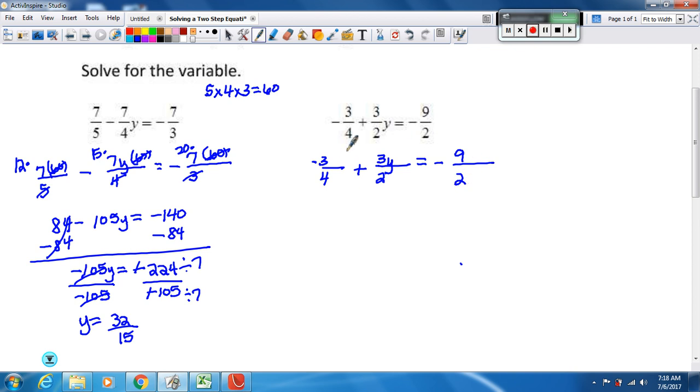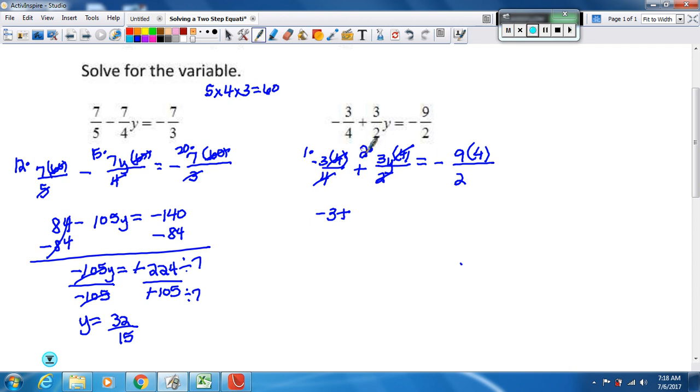And the 4, the least common multiple, I put that on the top of each fraction or each term, and then I divide. 4 divided by 4 is 1, so you've just got 1 times negative 3, which is negative 3, plus 4 divided by 2 is 2.